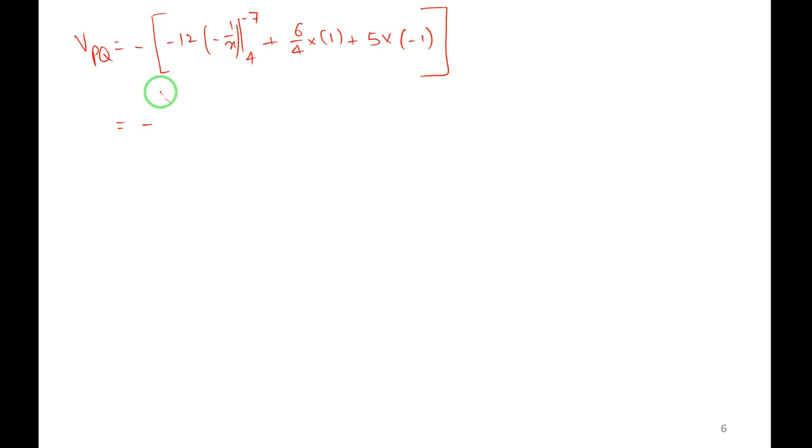So we'll calculate minus 12. This minus can be taken out, this minus into minus will become plus. So we'll substitute 1 by x, where x is minus 7, so minus 1 by 7, minus 1 divided by 7, upper limit minus lower limit.